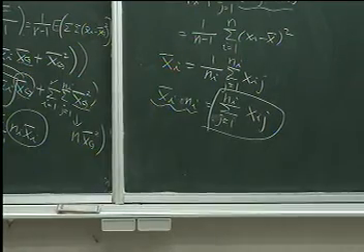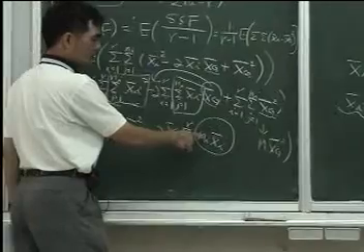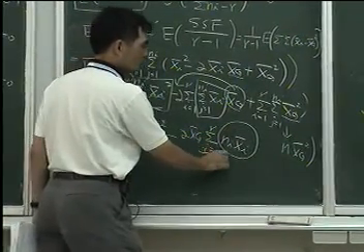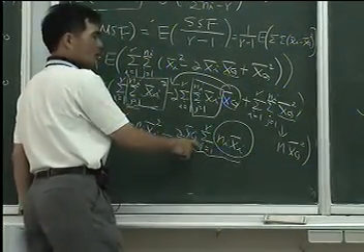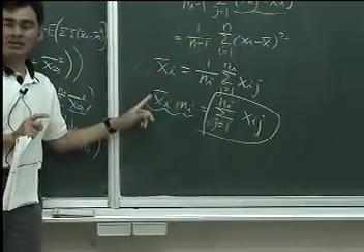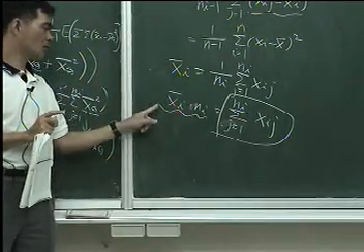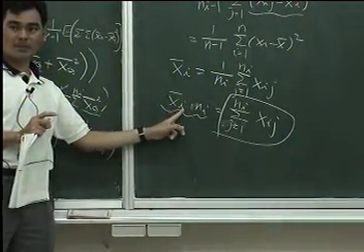And so, if you look at this whole thing, what is this whole thing equal to? Because in this case, we are only looking at the i-th machine, right?